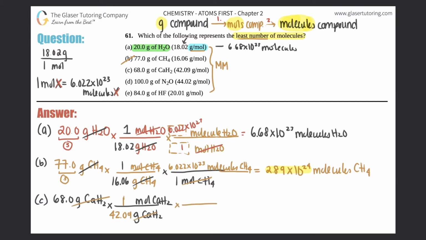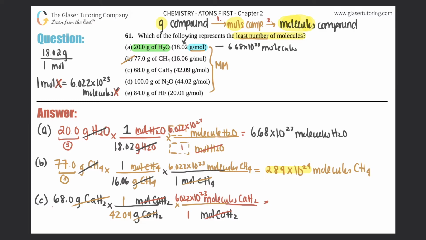Now we don't want moles anymore, so that goes on the bottom: mole of CaH2 on the bottom, molecules of CaH2 up on the top. Then Avogadro's number, 1 mole equals 6.022 times 10 to the 23rd. Cancel out moles, and now we have molecules. So 68 divided by 42.09 times 6.022 times 10 to the 23rd.